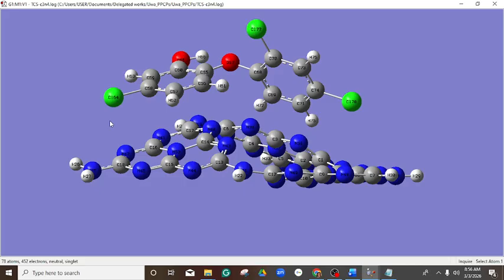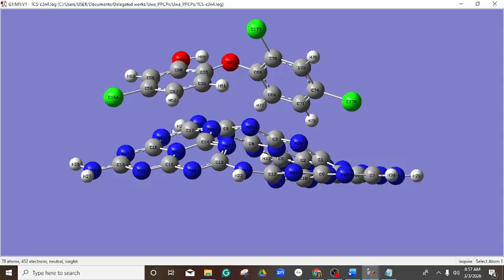Next you need to know what atoms are of common interest between your adsorbate and your adsorbent. Graphitic carbon nitride is mainly made of carbon atoms, nitrogen atoms, and hydrogen atoms, while TCS is made of carbon atoms, hydrogen atoms, oxygen atoms, and chlorine atoms.